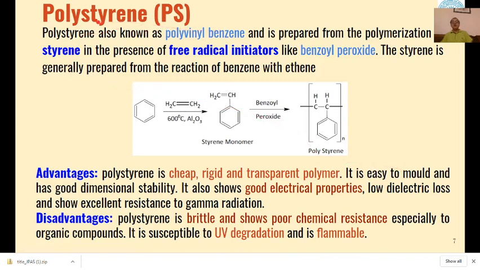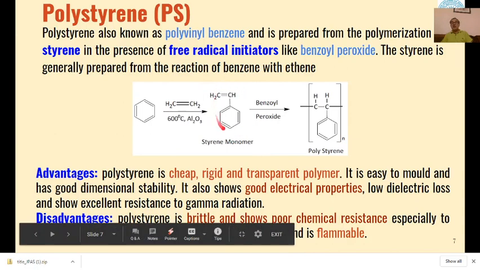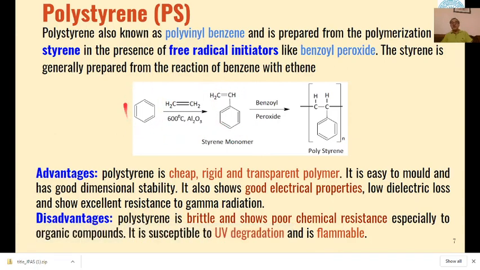Then the next very common and very important polymer is polystyrene. As we have seen, polystyrene is formed from free radical polymerization of styrene, and we have seen the mechanism of formation of polystyrene in the earlier lectures also. This styrene monomer is itself manufactured in industry from benzene by reaction with ethene at 600 degrees centigrade in the presence of aluminum oxide.